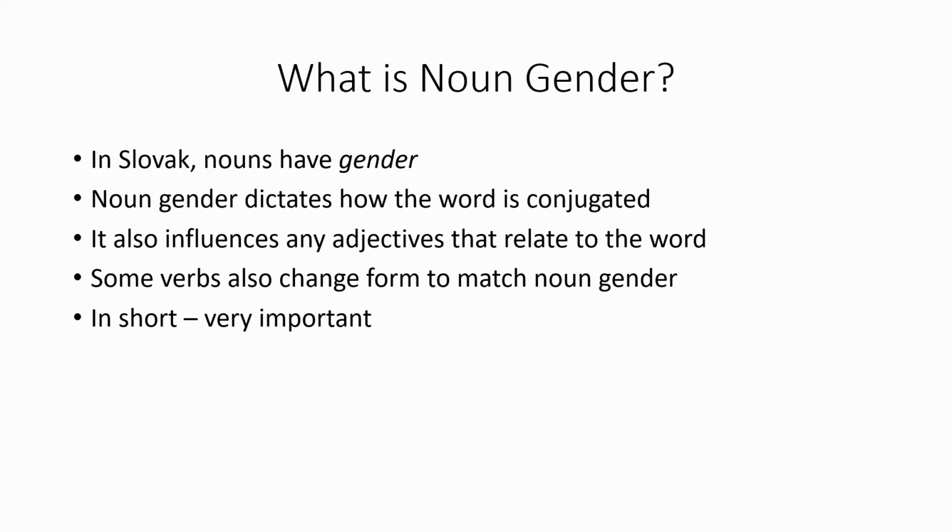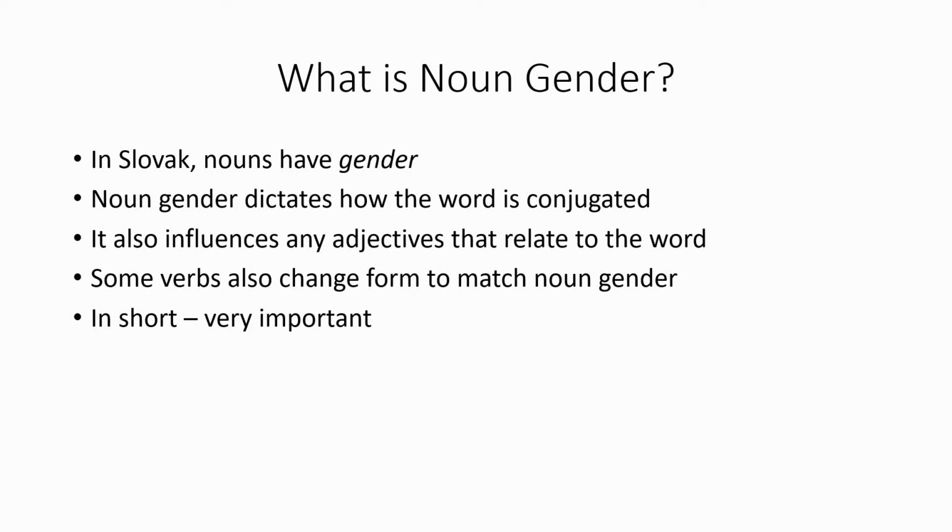So for example, if the noun is a subject, then the verb will sometimes agree with the noun in conjugation. So verbs in the past tense or in other tenses can be conjugated differently based on noun gender. We will get to that later though. It's nothing for you to worry about yet.